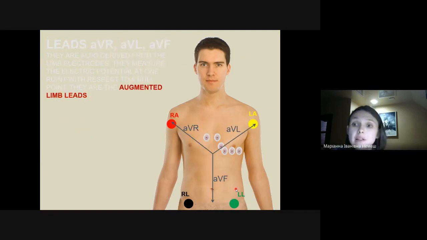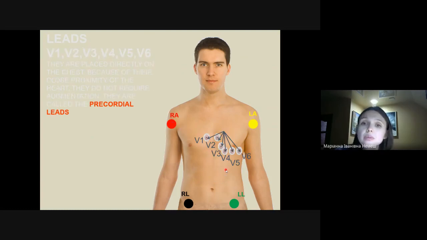What kind of augmented leads do we have? aVR, which is related to the right arm, aVL, which is related to the left arm, and aVF, which is related to the left foot. Besides this, we have 6 unipolar thoracic electrodes, which are also called precordial leads, whose positions we discussed earlier: V1, V2, V3, V4, V5, and V6.